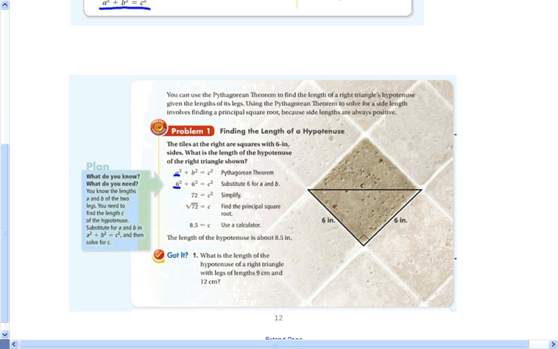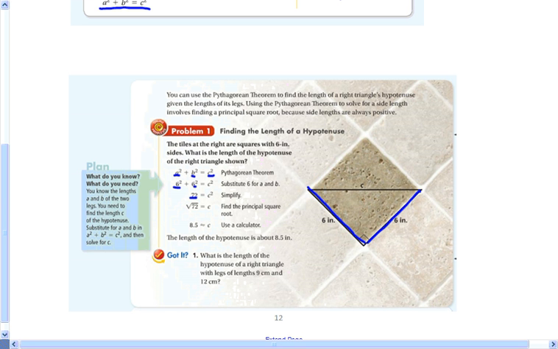We have a squared plus b squared equals c squared, and 6 inches is a leg, the two legs are both 6, so 6 was substituted in for a and b, and then that's simplified and added together, that's 72. And so the area of the square on the hypotenuse, c squared, is equal to 72. Then to find the length of c, we want the principal square root of that.